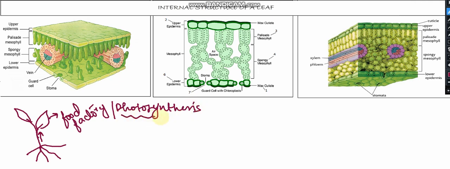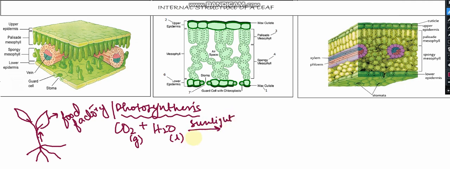Now before we go into the detail of this photosynthesis, let's look at the ingredients which are required for the food of a plant. When you look at the photosynthesis equation, we know that carbon dioxide is required, which is a gas, and water is required, which is in the liquid form, and sunlight is required, which is coming from the sun obviously, and that is being absorbed by chlorophyll, which is present in chloroplast.